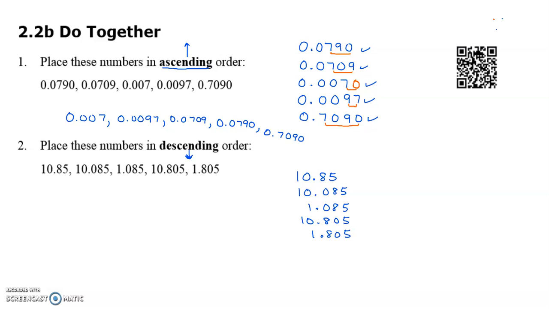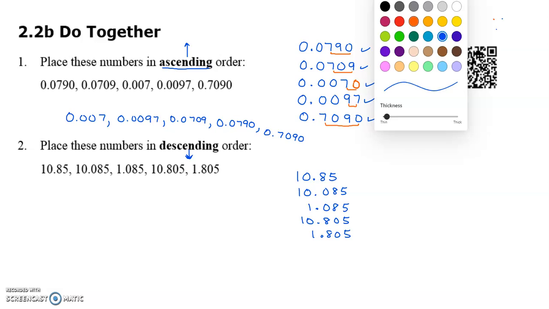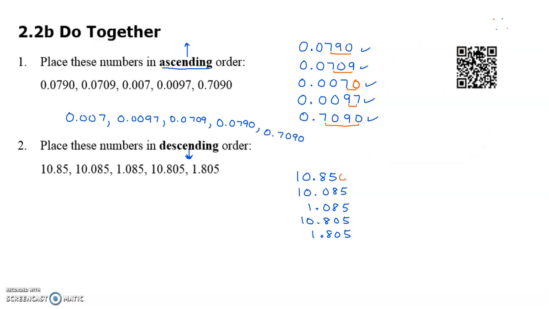Looks like we're going to 3 decimal places, so I just need to fill up the one above, and I'm going to use my strategy. I'm going from greatest to smallest, so the tens are going to be the greatest. Let's compare our tens. We have 850, 85, and 805. So it looks like we're going to have the 850 coming first.